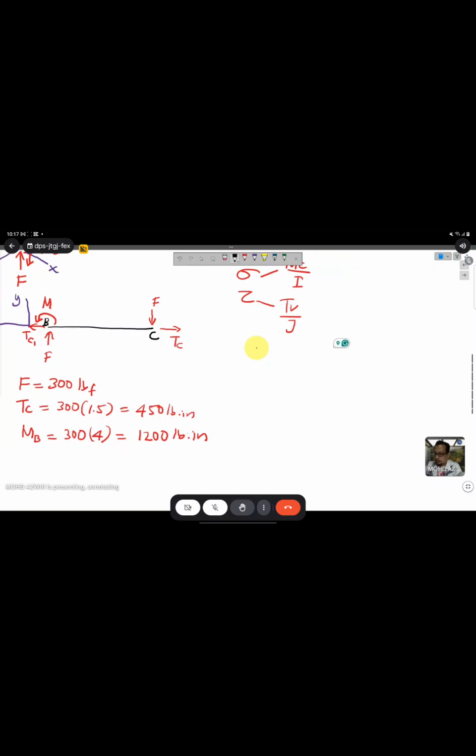So let's say this is your F 300. This is your another F 300. For the top, maybe you can ignore. And we have a bending here, which is 1,200.